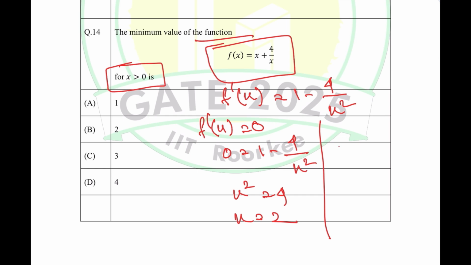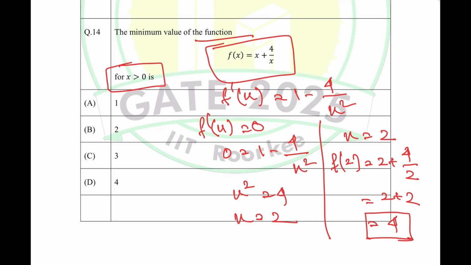And further, if we put x equal to 2 in the function, what will we get? f(2) equals 2 plus 4 by 2, that is 2 plus 2 equals 4. And here 4 will be the answer.